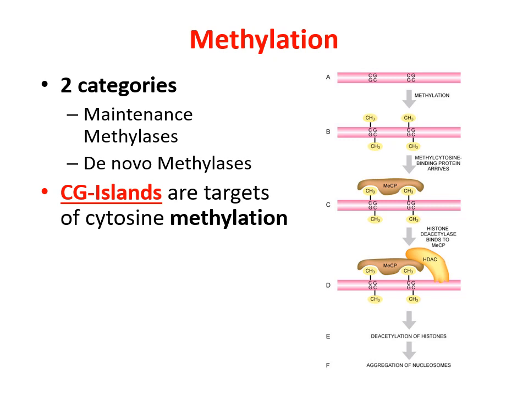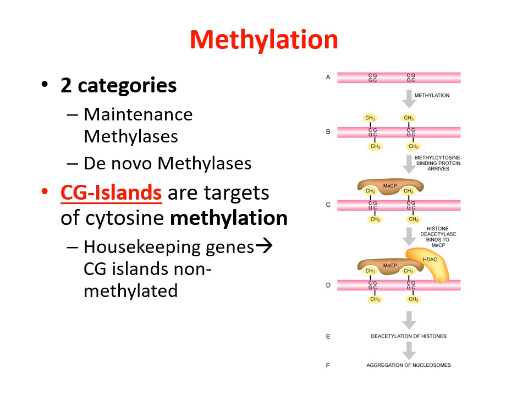Okay, now when you look at this, I want you to note that housekeeping genes, the CG islands, are non-methylated. And what do you know about housekeeping or constitutive genes from our previous lesson? They are always active.